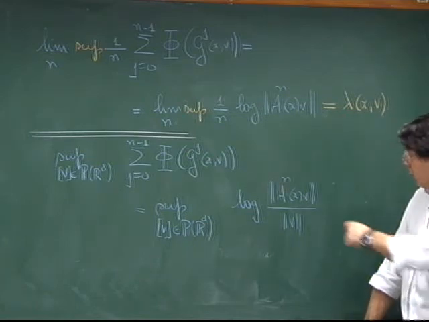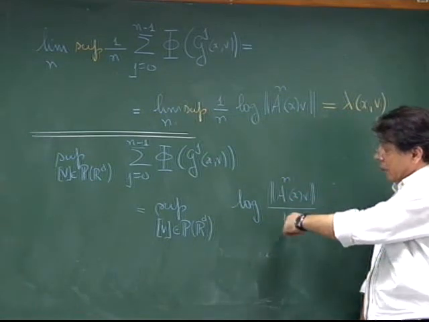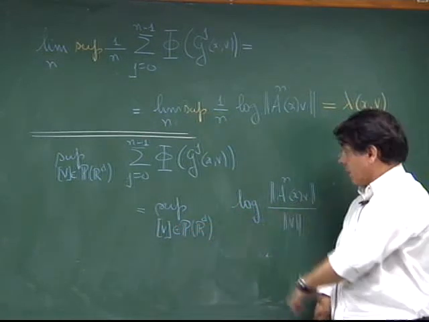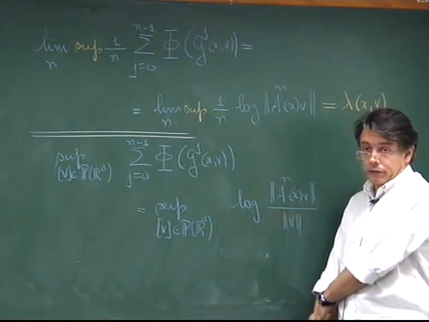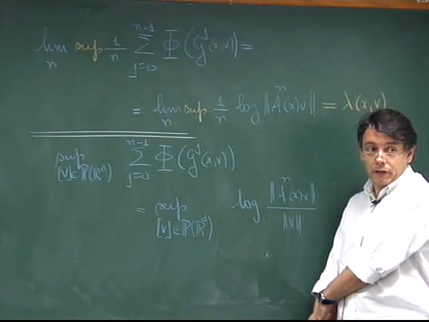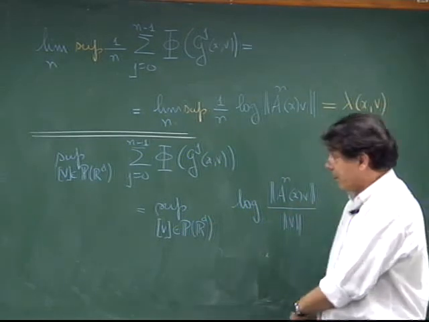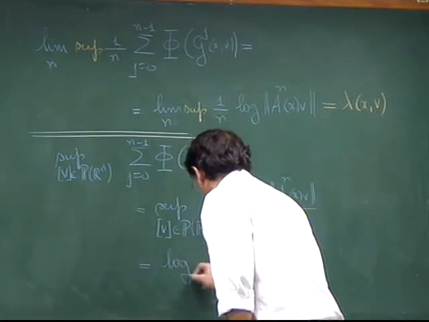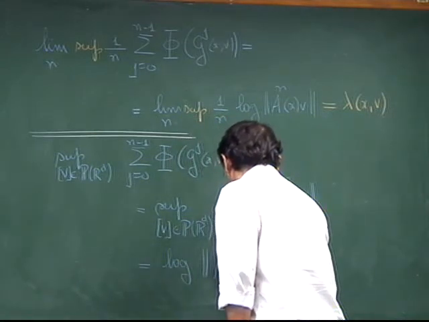So what is the supremum of this quotient when we vary v? Well, we know what that is. It's the norm of a_n(x). It's the operator norm. So this is precisely the logarithm of the operator norm of the matrix.